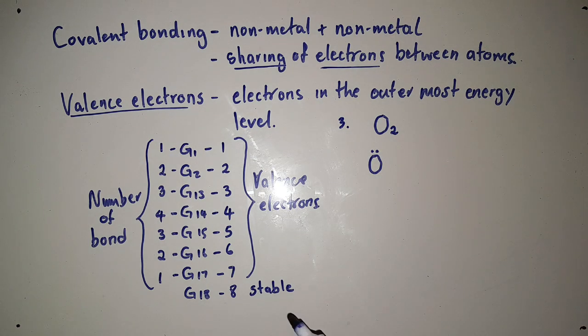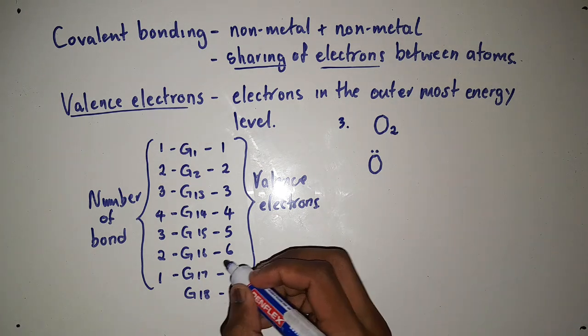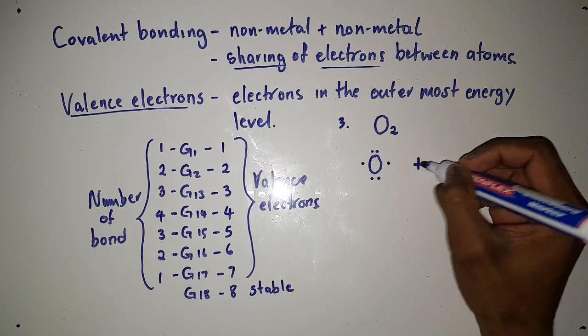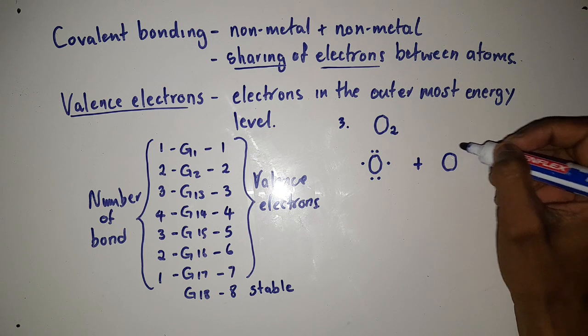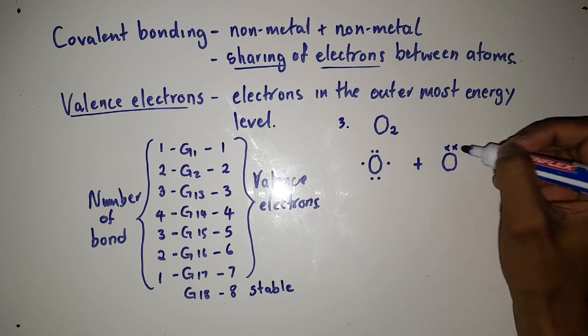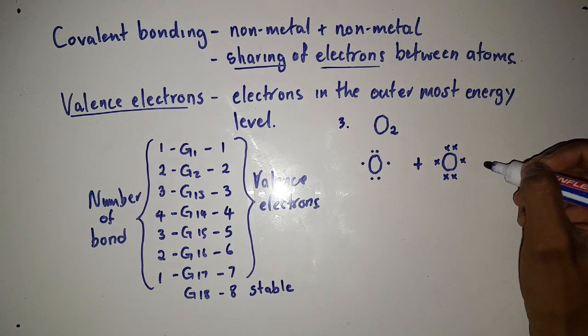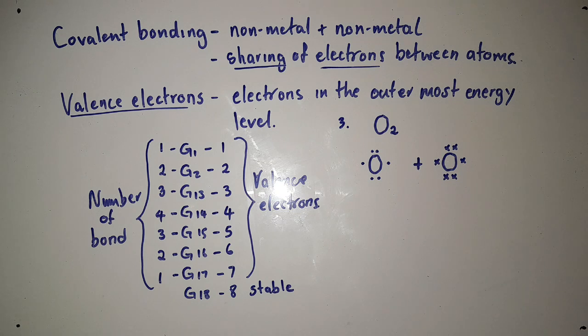Then oxygen is situated in group number 16. That means it's going to have the valence electrons of 6 like this. Plus we have X now, X, X, X, X. You see, 2 oxygen like this.